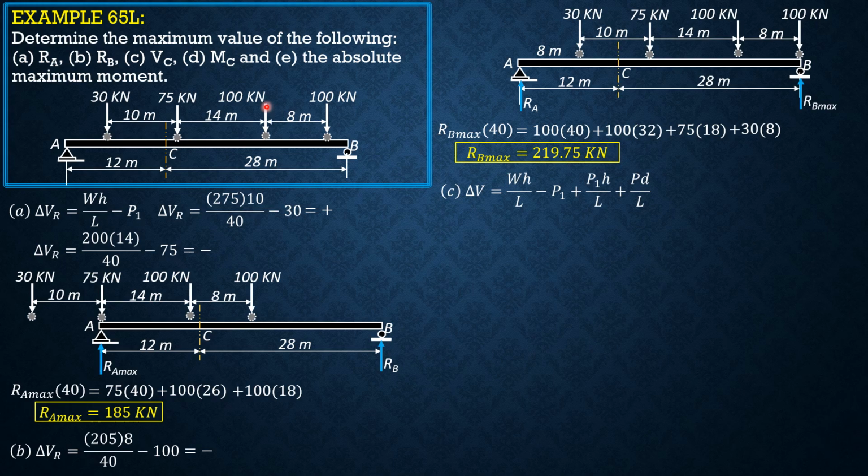So W would only be 100 plus 75 plus 30, 205. This is P, the incoming load, which enters the span by, because this is 22, 6 meters. 14 plus 8 is 22, so 6 meters. And W is 205.